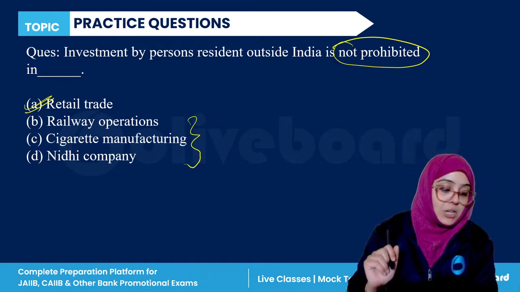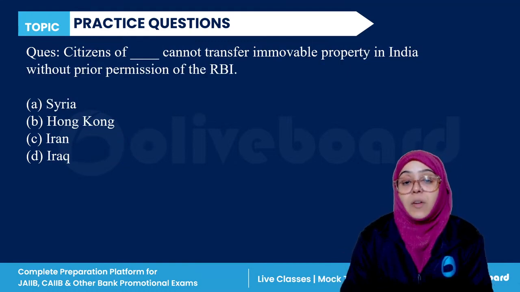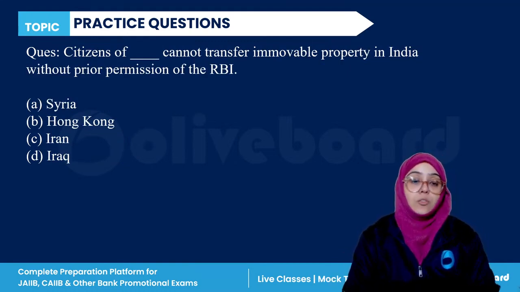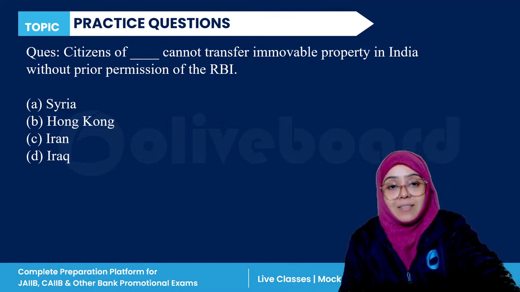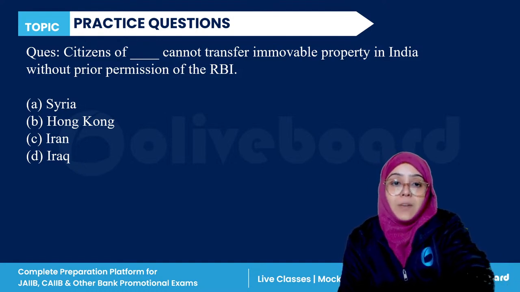Yes, Sukanya, Ruchi, yes. Next, citizens of dash cannot transfer immovable property in India without the permission of the Reserve Bank of India. Which citizens cannot transfer immovable property without the permission of the Reserve Bank of India?